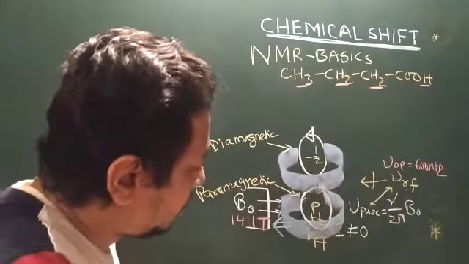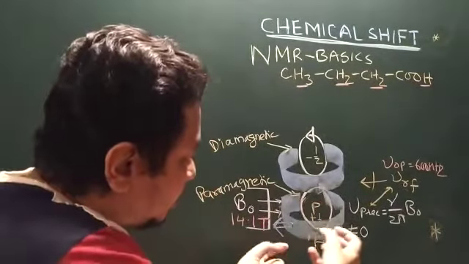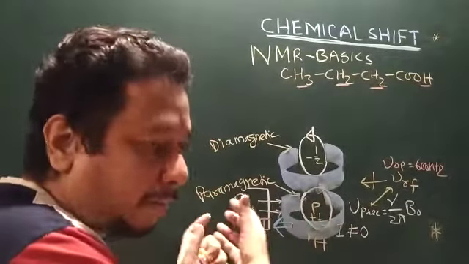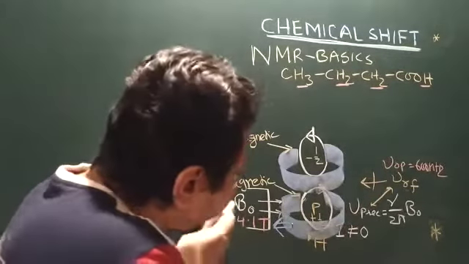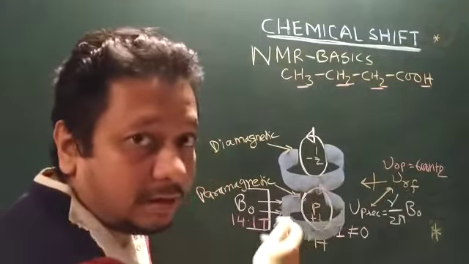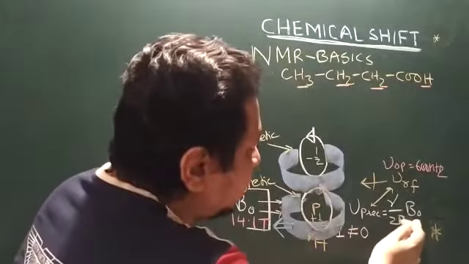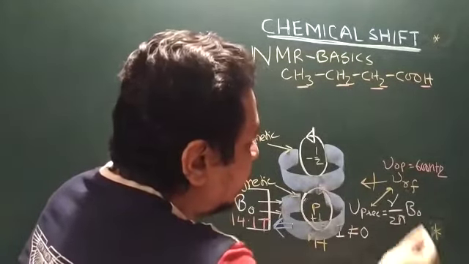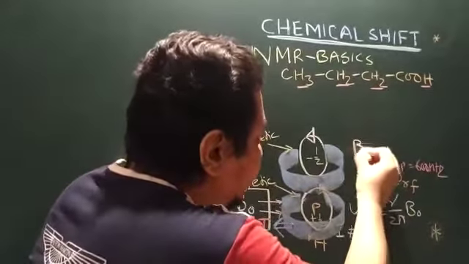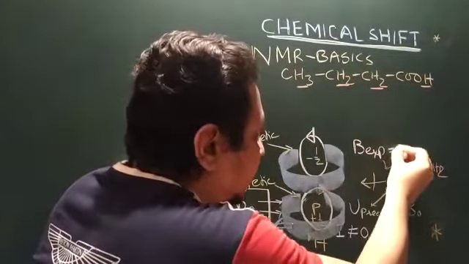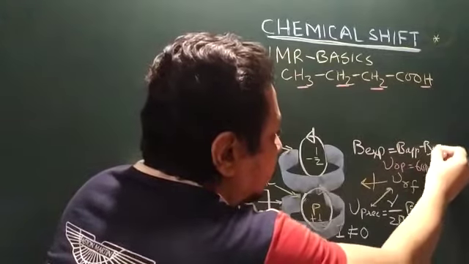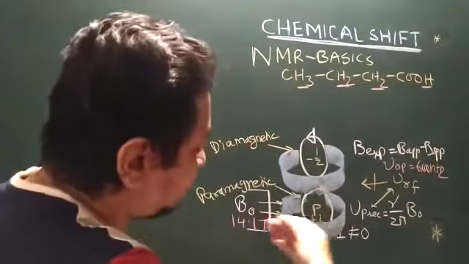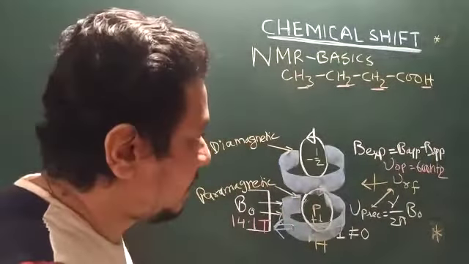The more the electron density, the more it opposes the external magnetic field. That means the entire magnetic field is not affecting the nucleus. So now this equation we have to modify: B experienced is nothing but B applied minus B opposed. Why B opposed? Because somebody is opposing that external magnetic field.